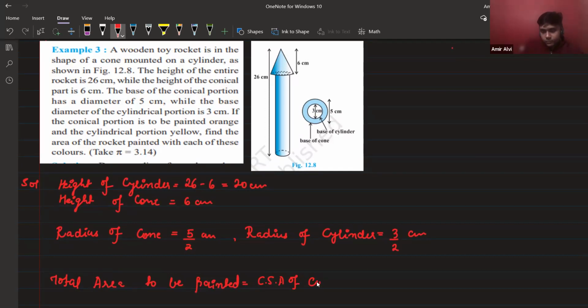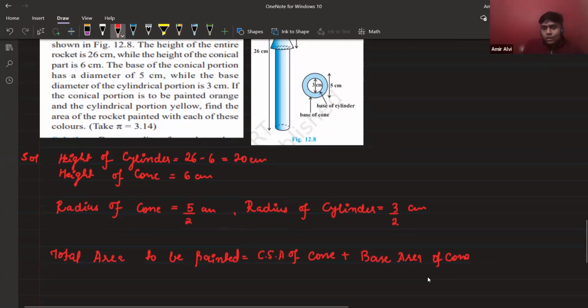Yes, sir. Plus the base area of cone. So base area of cone.